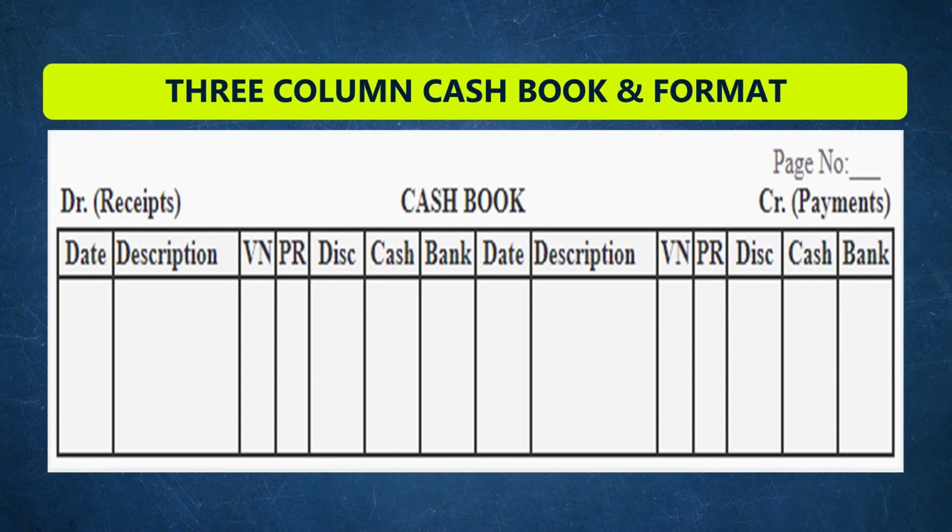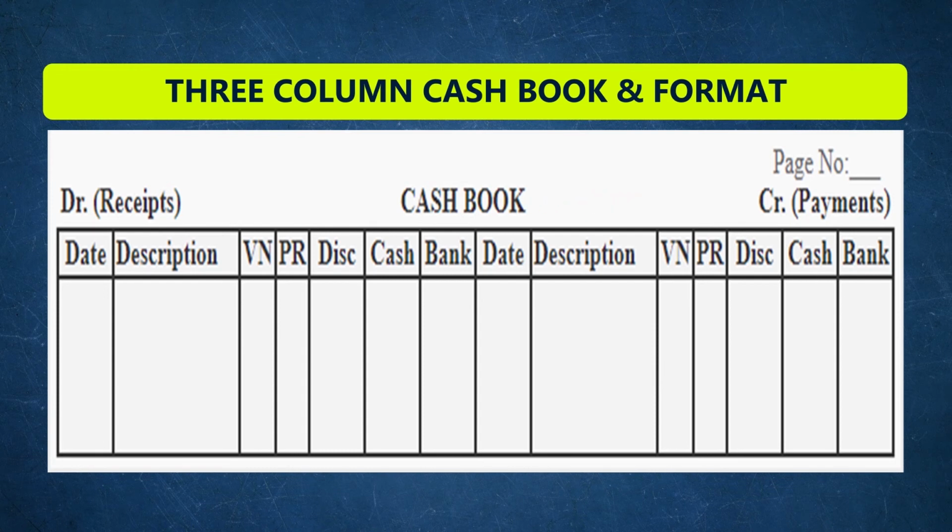In the 2-column cash book, instead of 5 there were 6 columns in the debit side and 6 columns in the credit side. But in the 3-column cash book there are 7 columns in the debit side and 7 columns in the credit side.